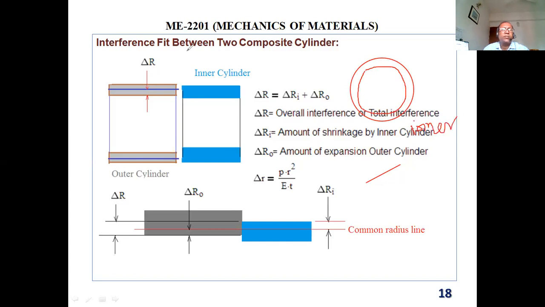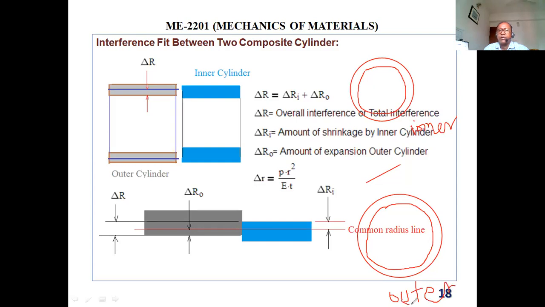Similarly, you have one more outer one, and it will have a radius. So this is the outer pressure vessel or outer layer, you can say.